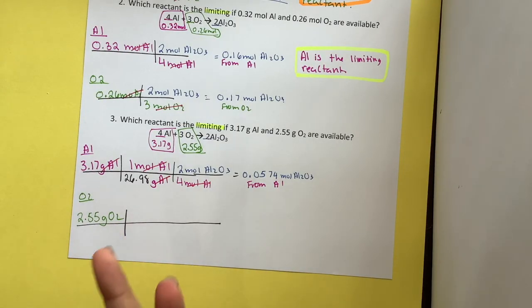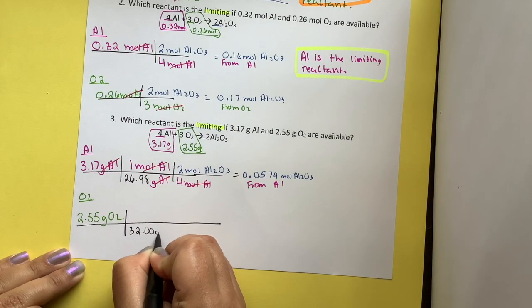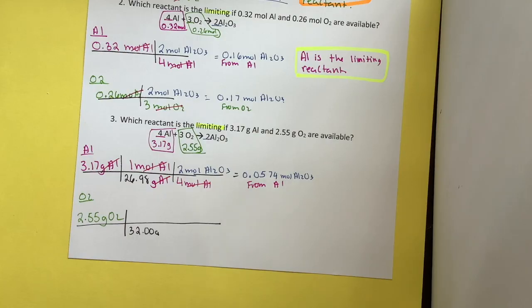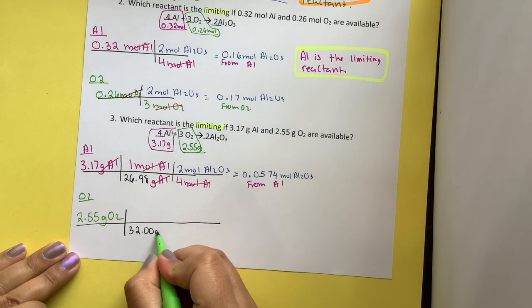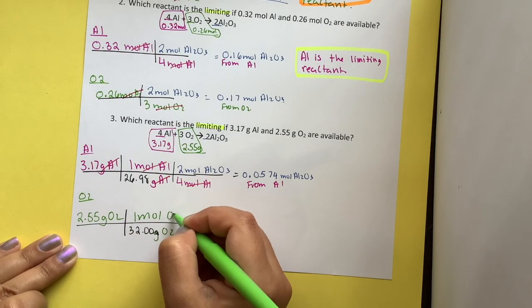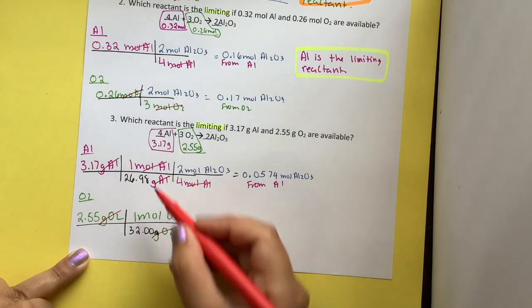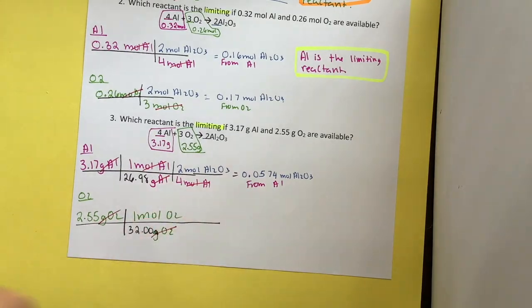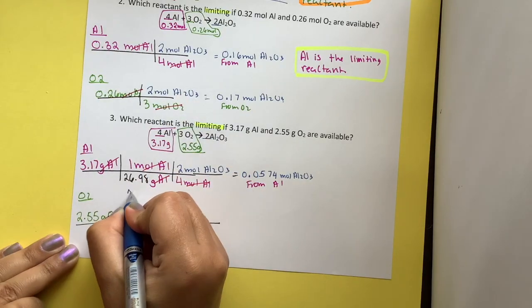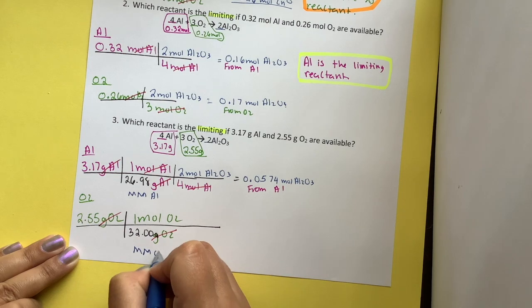Since I have 2 oxygens, and each oxygen has a mass of 16, times 2 is 32 grams of oxygen for every 1 mole of oxygen. The grams get canceled out. Remember that this step right here is my molar mass. Let me write it: molar mass of aluminum, molar mass of O2.